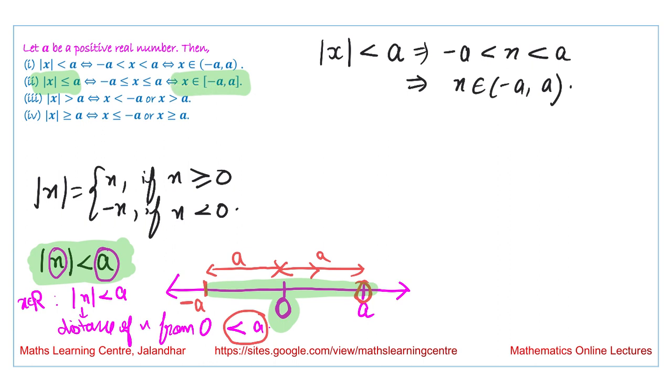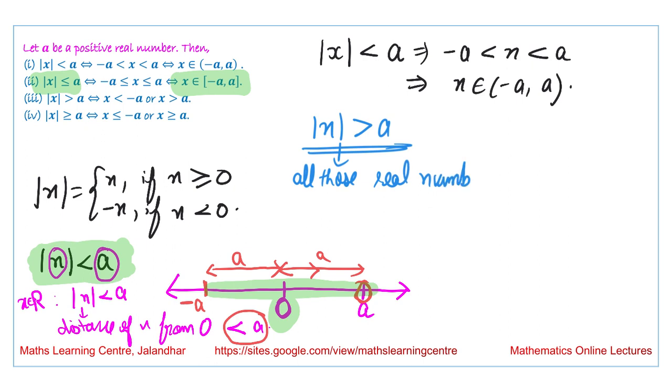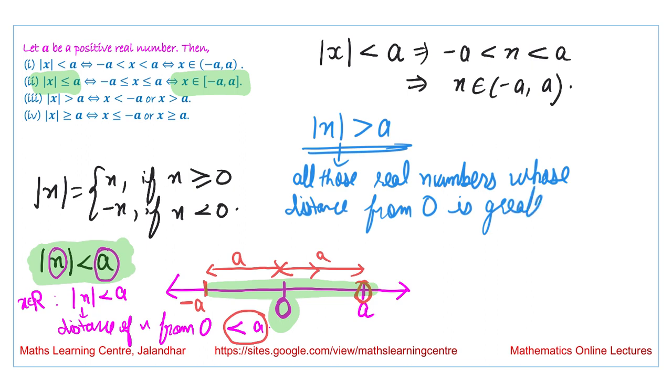The next case we are talking about is mod x is greater than a. When we say mod x is greater than a, it means we are talking about all those real numbers whose distance from 0 is greater than a.